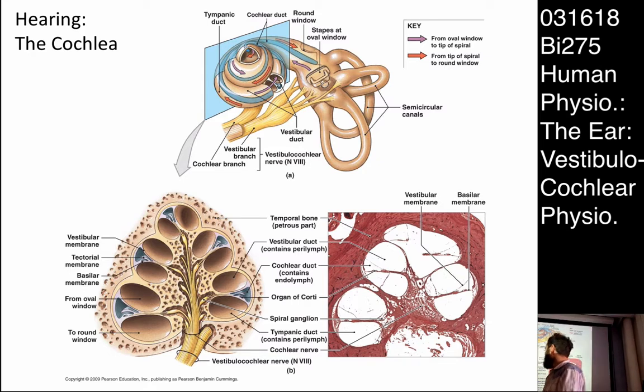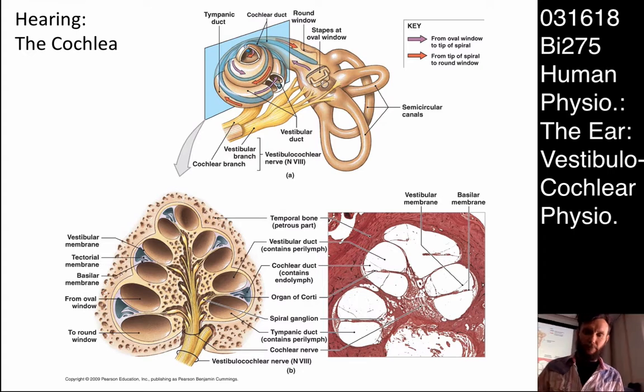Now, all of these ducts are filled with fluid. The fluid that is inside the bony labyrinth is called perilymph, P-E-R-I-L-Y-M-P-H. And then the membranous labyrinth is filled with endolymph.